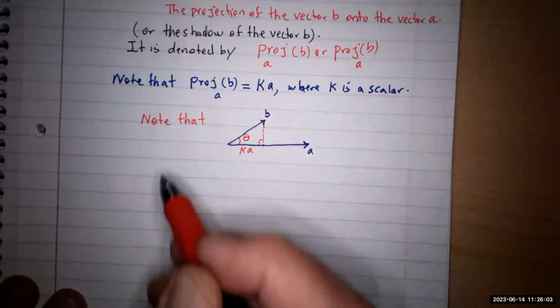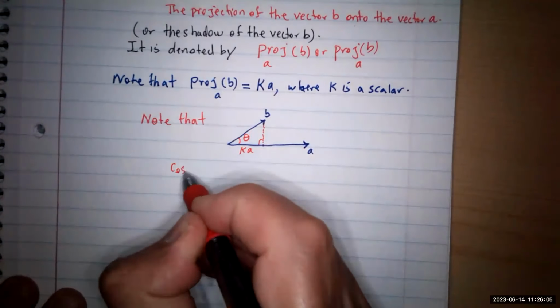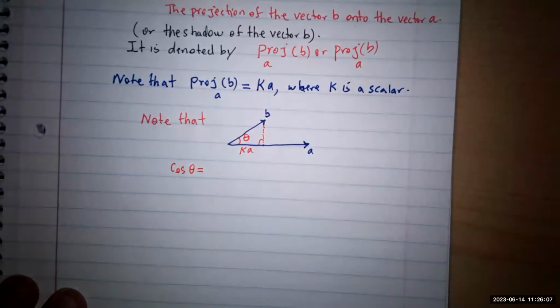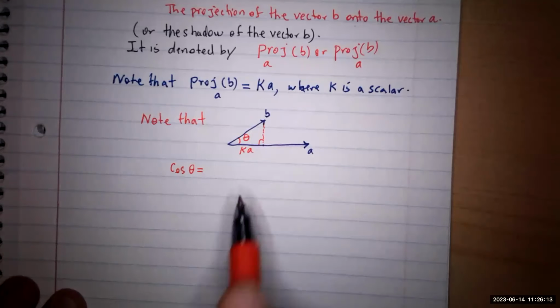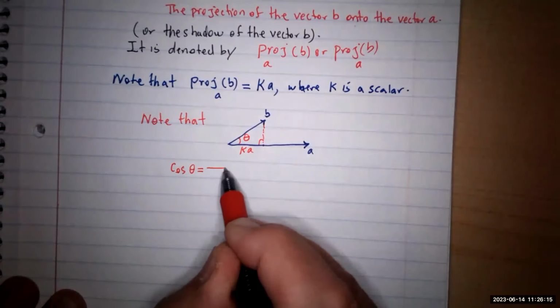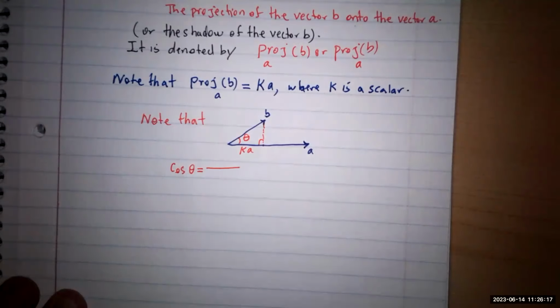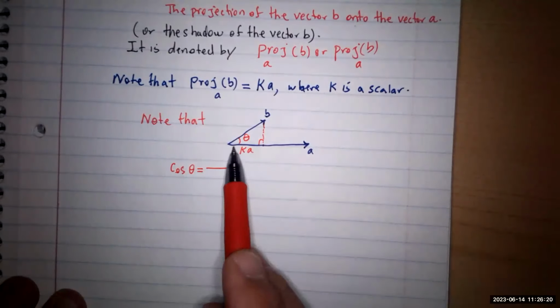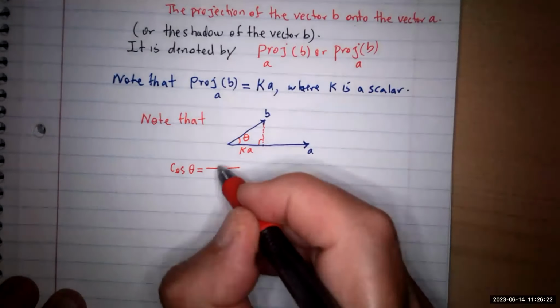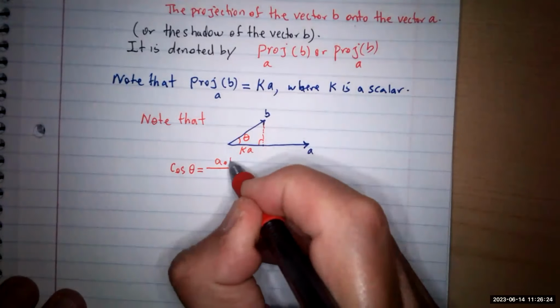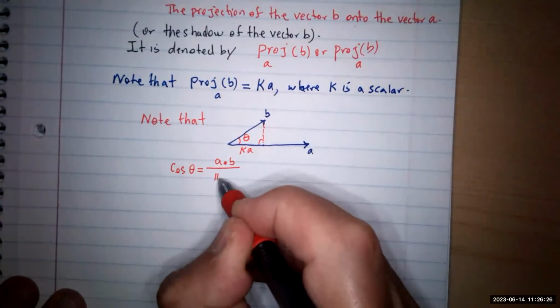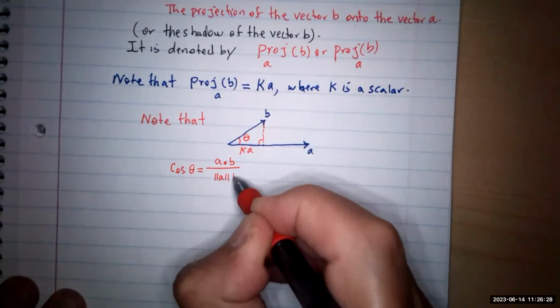Cosine of theta, remember, is x dot y over norm x norm y. So the vectors that I have are simply a and b. So this is going to be a dot b divided by the norm of the a times the norm of the b.